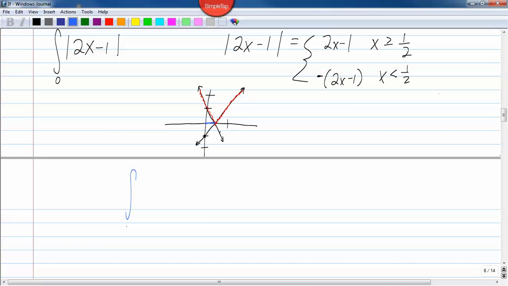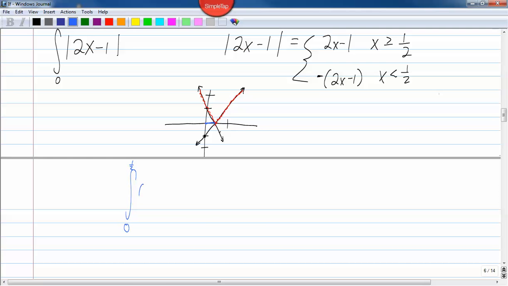So integral from 0 to 1/2, what function is this again?